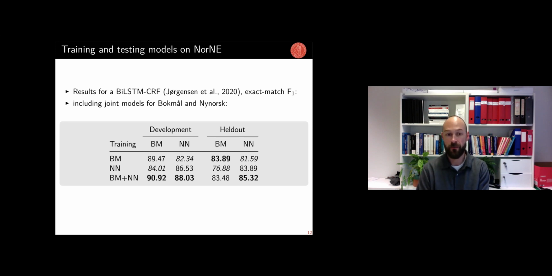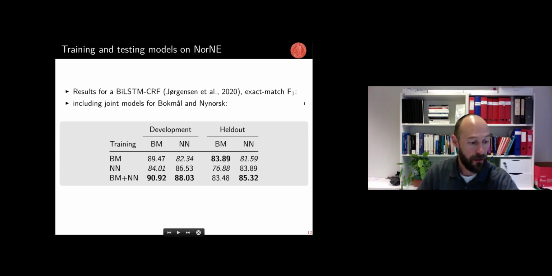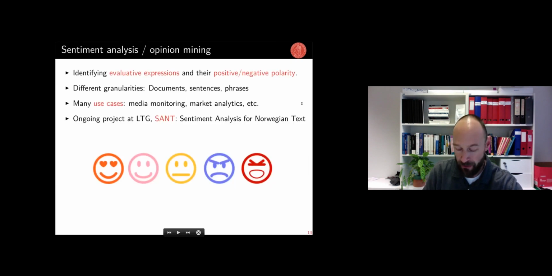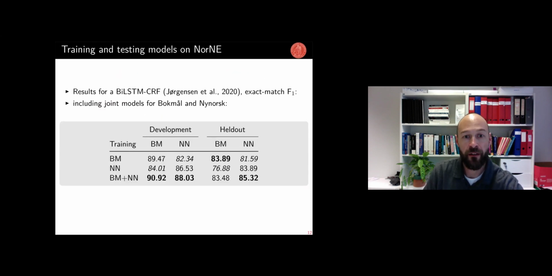So that's the bottom row you see here. We have a single model trained on both the bokmål and nynorsk sections and then applied to their respective test sets. I should mention we've seen similar results also for parsing and part-of-speech tagging in previous work.